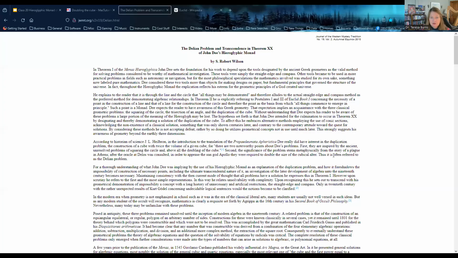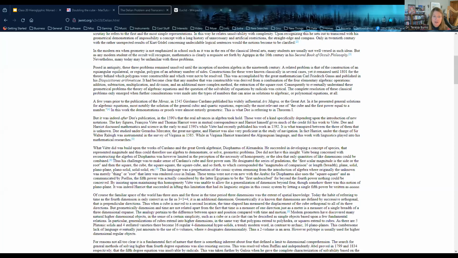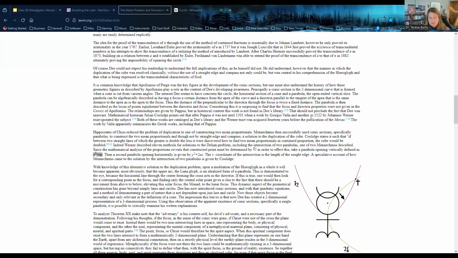and the first is the places I'm talking about in Wilson's article. So you should be seeing Wilson's article now, and in this whole opening part, Wilson is talking about the mathematical history of this problem.